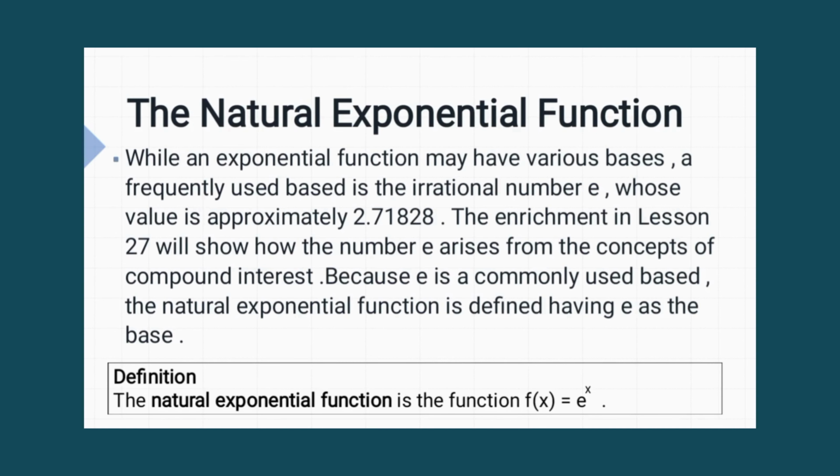The enrichment in lesson 27 will show how the number e arises from the concepts of compound interest. Because e is a commonly used base, the natural exponential function is defined having e as the base. So, definition: the natural exponential function is the function f of x is equal to e raised to x.